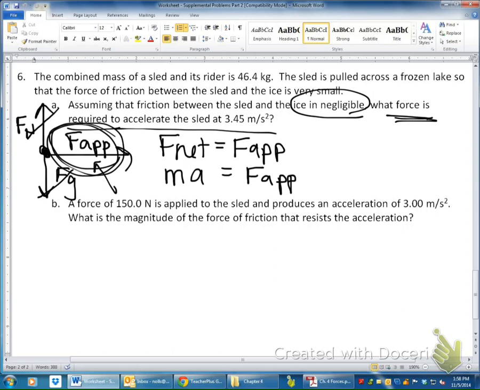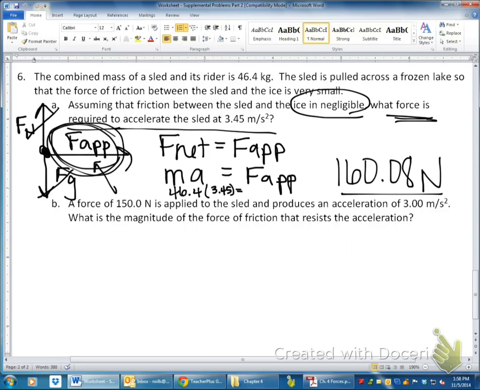Mass is 46.4. And acceleration is what? 3.45. Okay, and that equals our force. What'd you get? 160.08. What units does it go with? Newtons. That's that applied force.